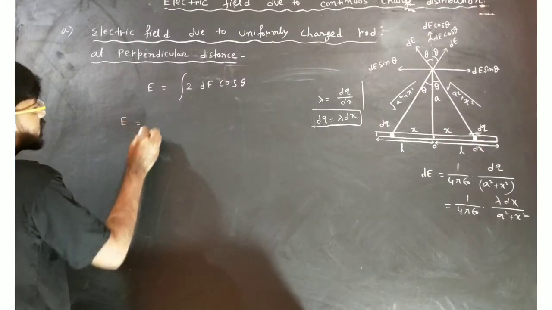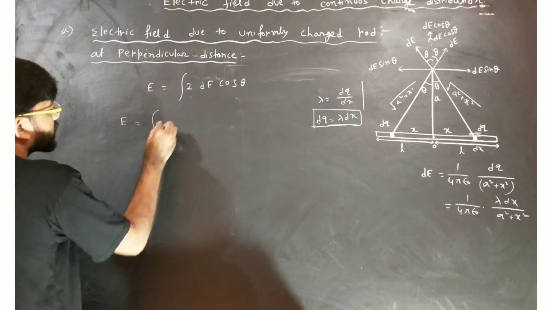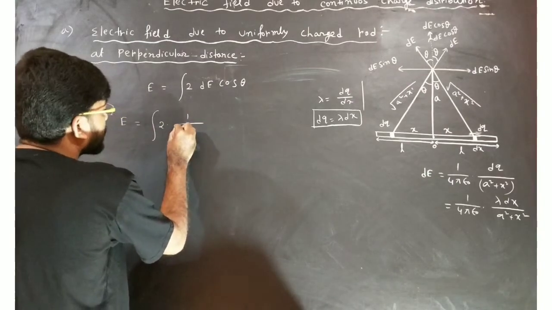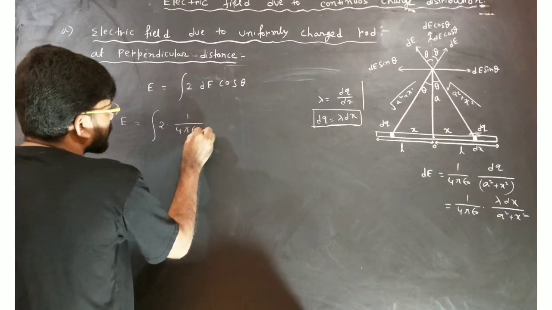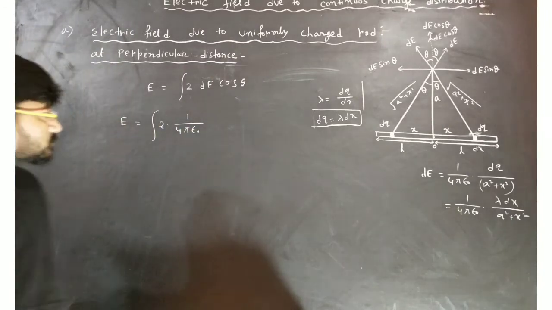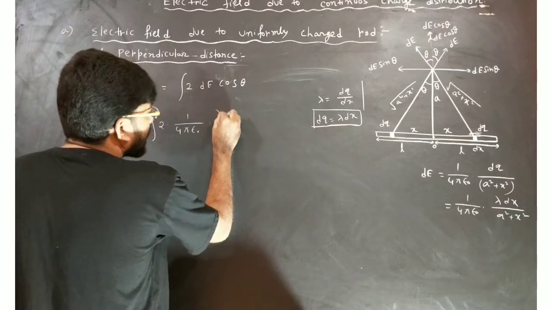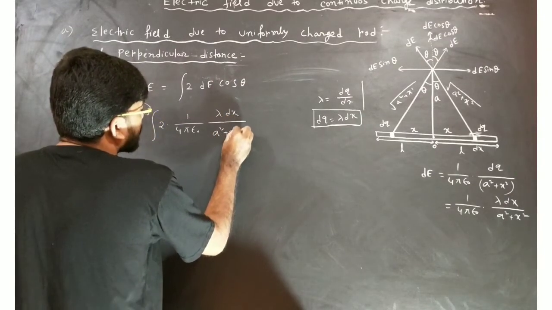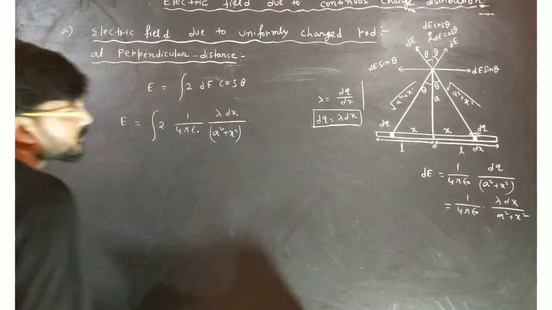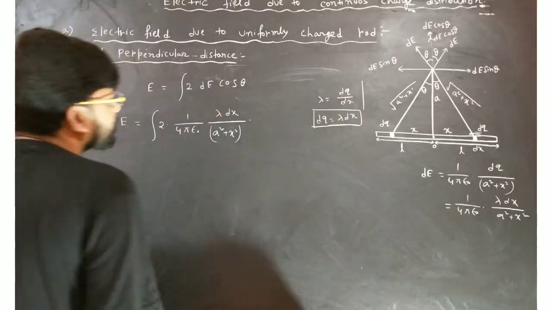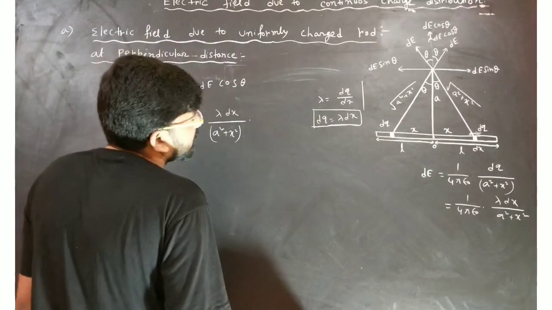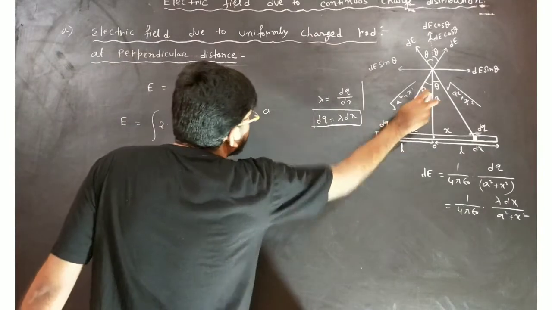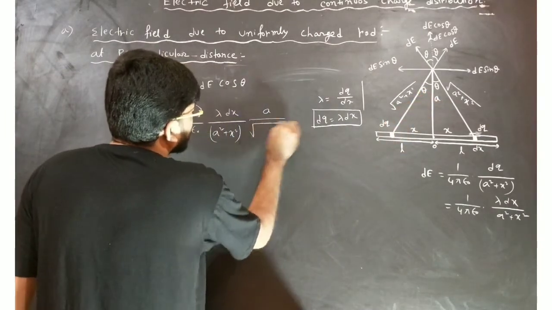So E will be integration 2 into, and instead of d we can write 1 upon 4 pi epsilon naught into lambda dx divided by a square plus x square. Okay, and for cos theta we can find from this triangle that cos theta is equal to base divided by hypotenuse, and here base is a, with respect to this angle theta, and hypotenuse is root a square plus x square.